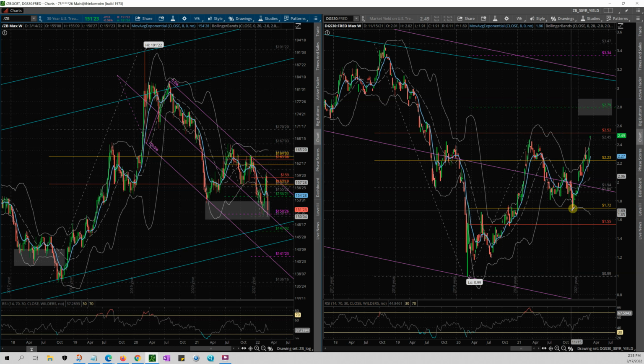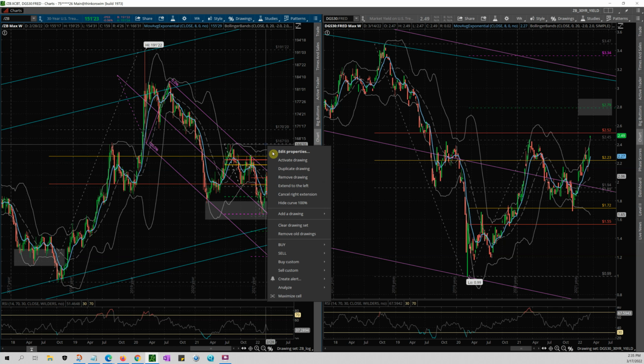And so seeing this touch of the 50 on 30-year yield was even more confirmation, in addition to the channel and the triangle pattern and the short from highs, that this was a good sell setup. So that's a good example.